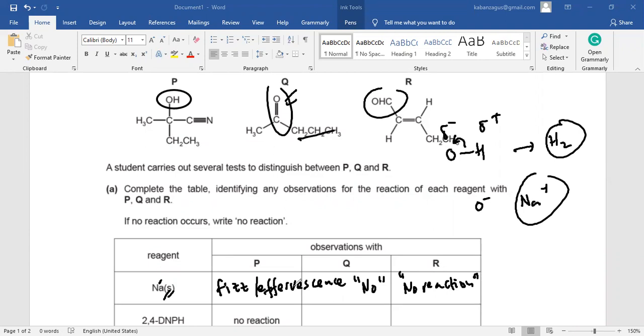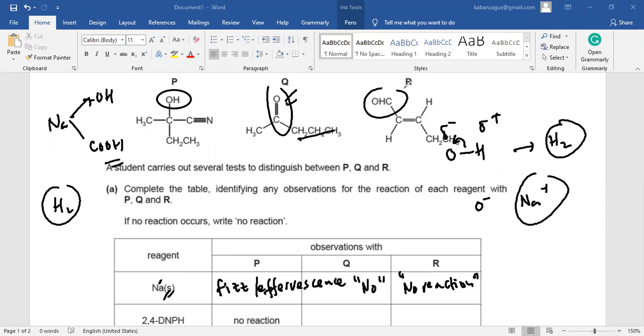So in conclusion, Na reacts with OH or COOH, both of which in short will give you hydrogen gas. But I need to disclaim that not all products will give you hydrogen gas, as there are specific reagents that will not react with sodium or with metal.